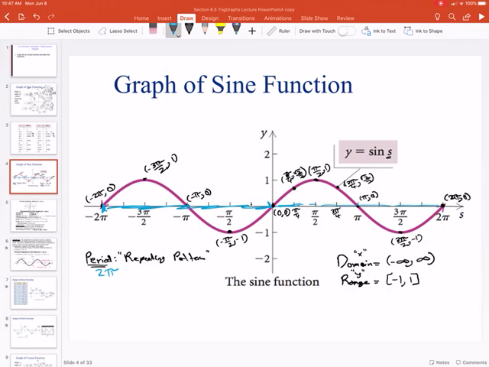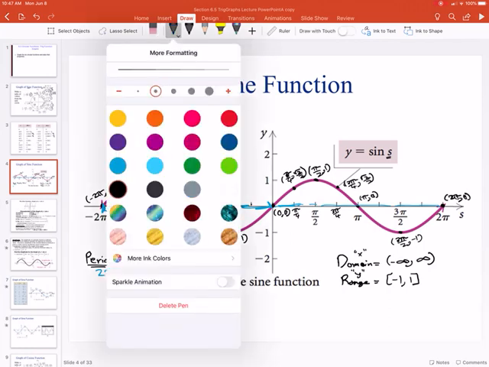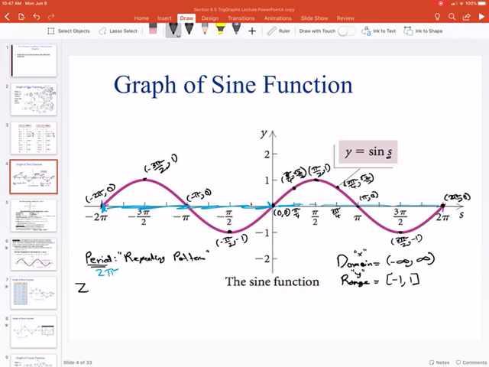Let's break that down. We talk about the zeros and x-intercepts. I'll write that down in here. So our zeros, and remember our zeros are our x-intercept locations. So where our graph crosses the x-axis, where the function equals zero.